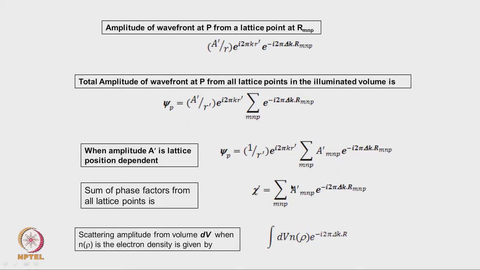This factor depends upon the sample and the primary beam, correct. If it is X-ray diffraction, this factor will turn out to be the density of electrons. Otherwise, in the case of electron diffraction, it will be the electrostatic potential, how it varies.